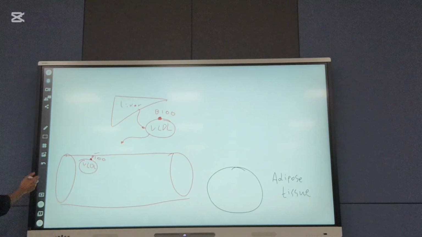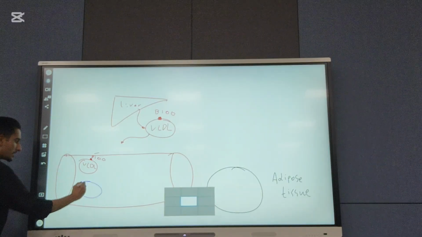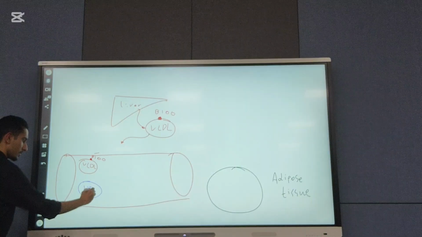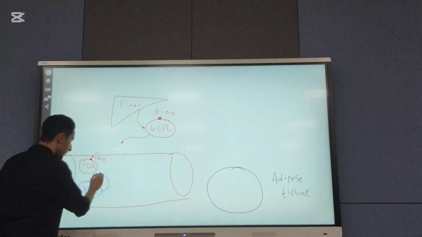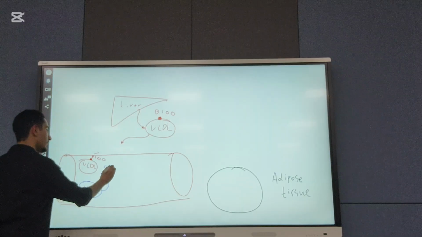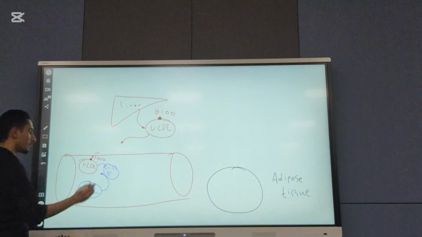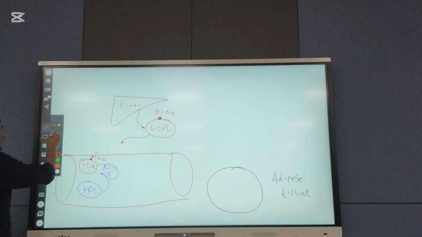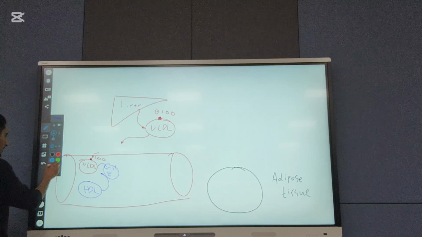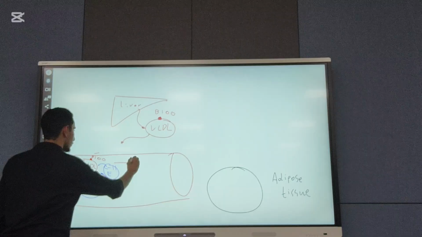Now it meets what? You know what does it mean? The blue guy, the HDL. The HDL, what will it do? It will give it C2 and E. It will give those to the VLDL. تمام؟ طيب. Okay. So now it became mature.